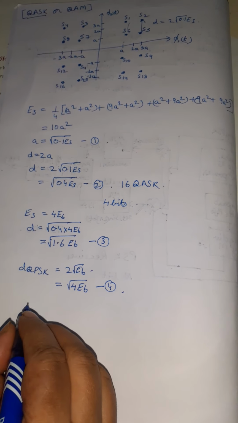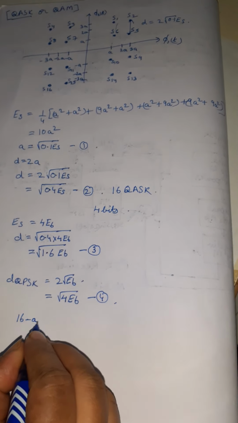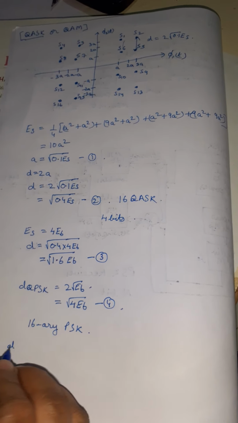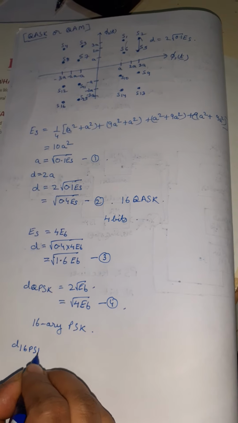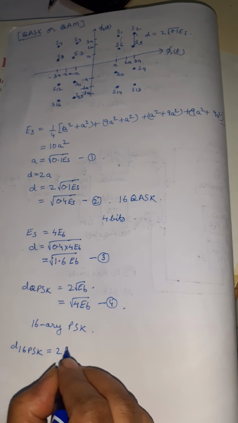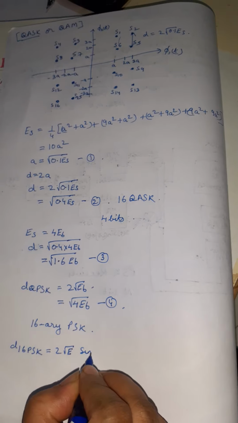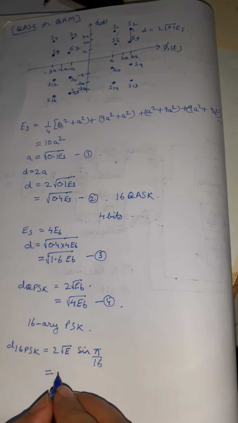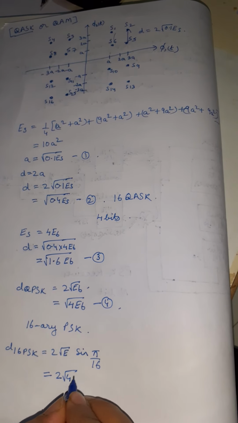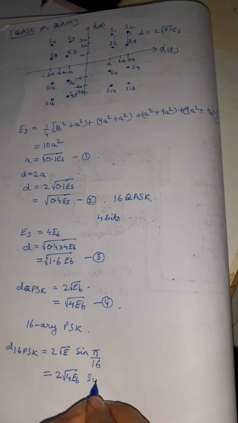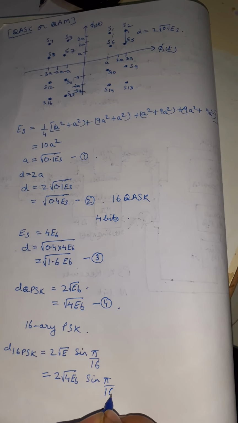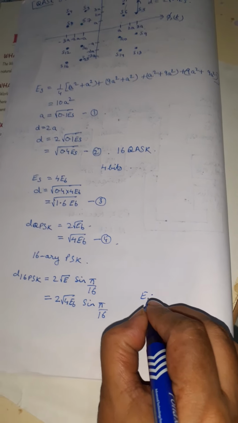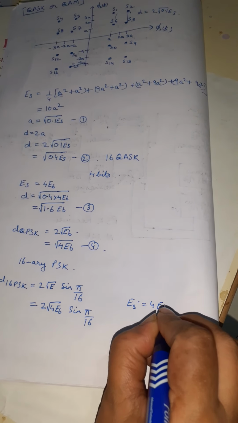The distance in 16 ary PSK will be given by D16PSK equal to 2 root ES sine of pi by 16. So this will be equal to 2 root 4 EB sine of pi by 16, as ES is equal to 4 of EB.